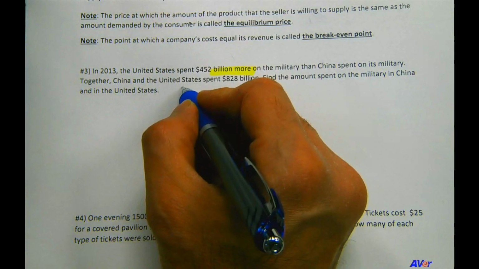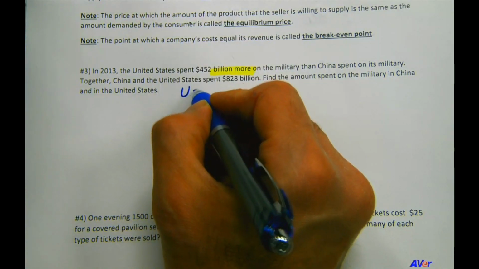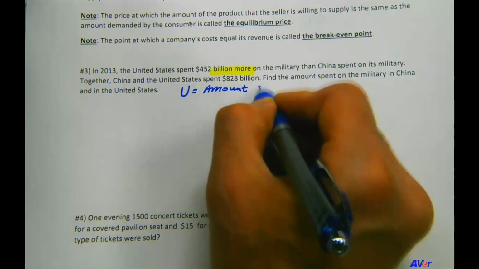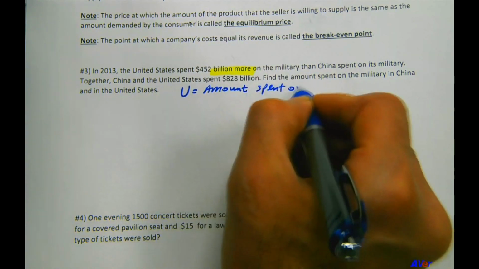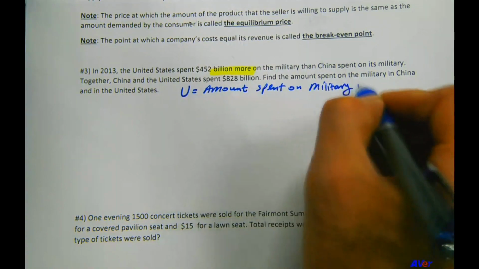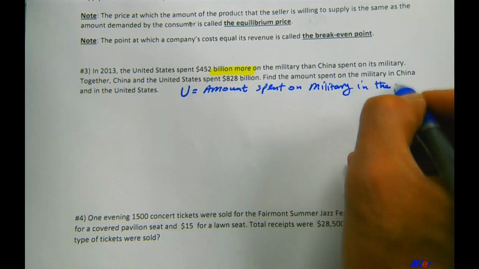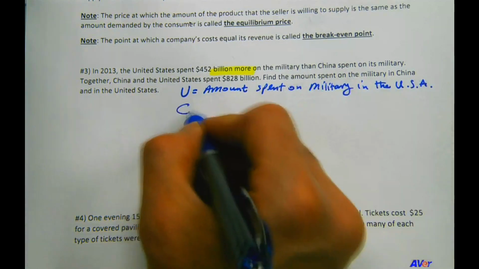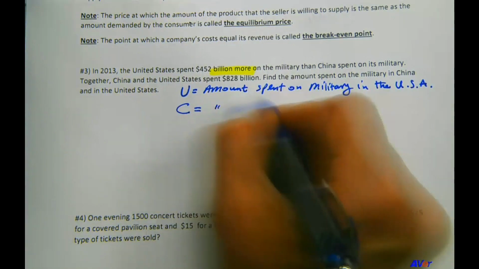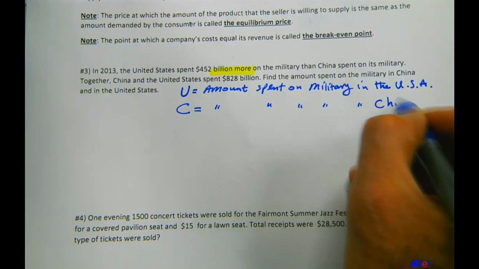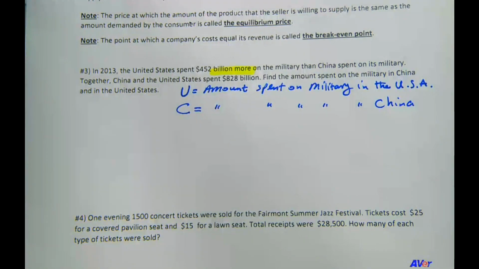So I'm going to use U for the amount spent on military in the United States. Okay, and let's say capital letter C for the amount spent on military in China. Okay.